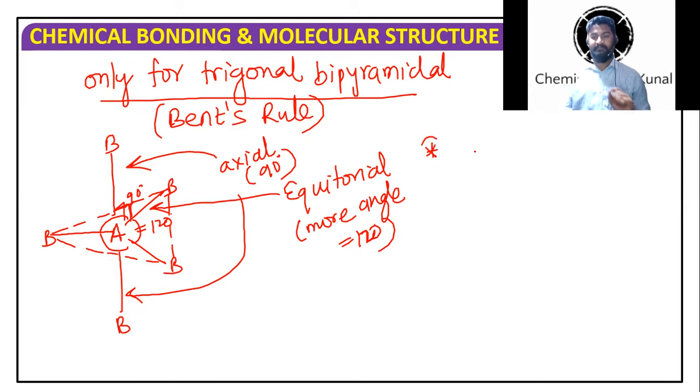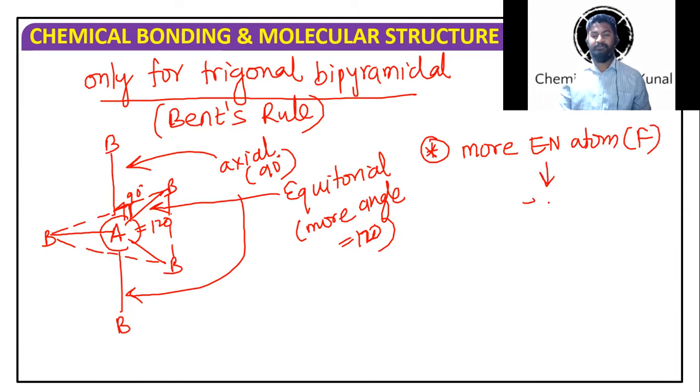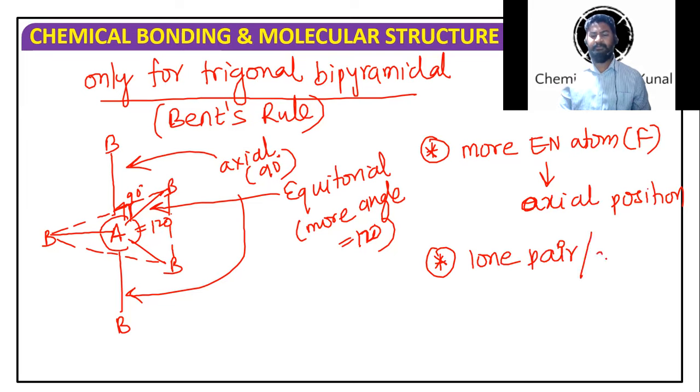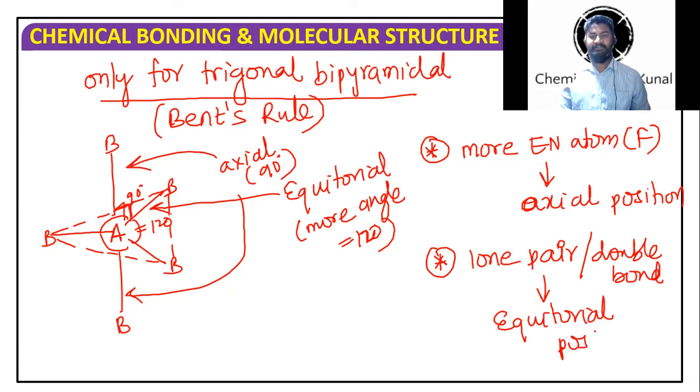The rule says more electronegative atoms, like fluorine, always occupy the axial position. If you have a fluorine, always put it on the axial position. And if you have lone pairs or multiple bonds, double bond, triple bond, whatever you have, put them on the equatorial position. That is as simple as what Bent's rule means.